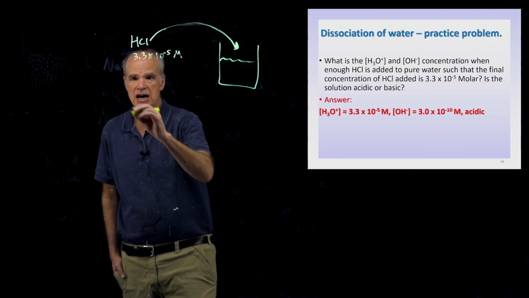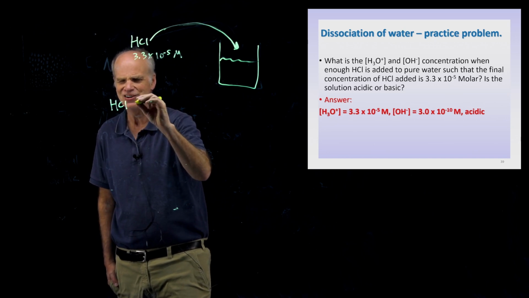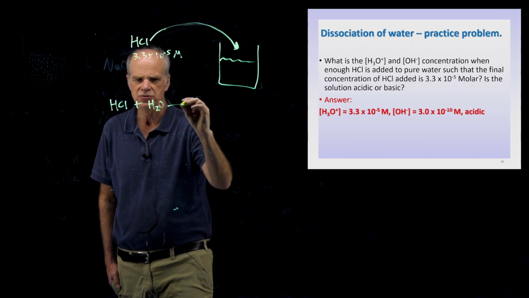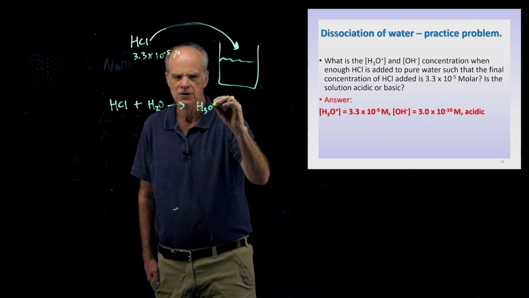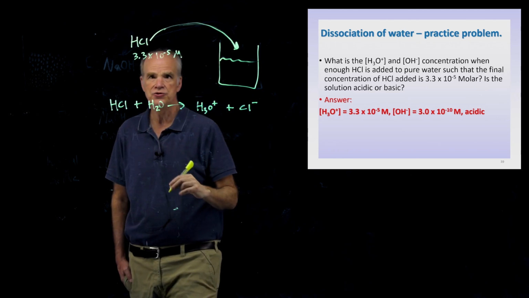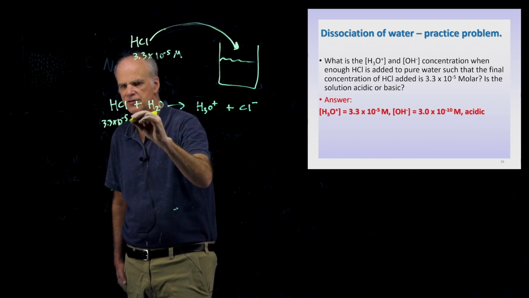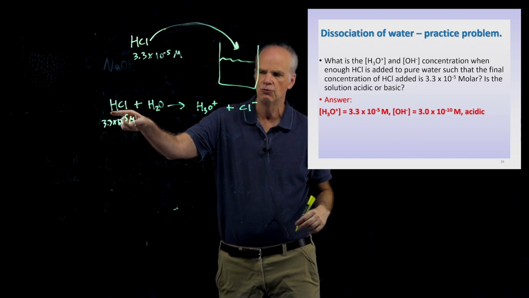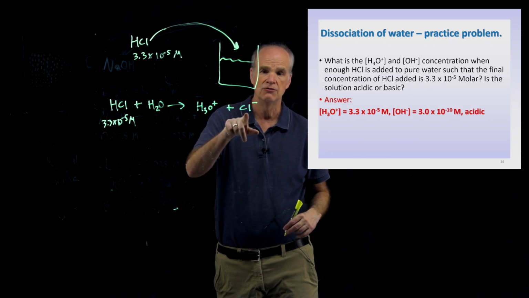The neat thing about hydrochloric acid is that it's a strong acid. So when hydrochloric acid is put into water, it will completely ionize to produce hydronium and chloride ion. If you start out with 3.3 times 10 to the negative 5 molar of that, note that this equation predicts that for every 1 mole of HCl that reacts with 1 mole of water, you get 1 mole of hydronium and 1 mole of chloride.